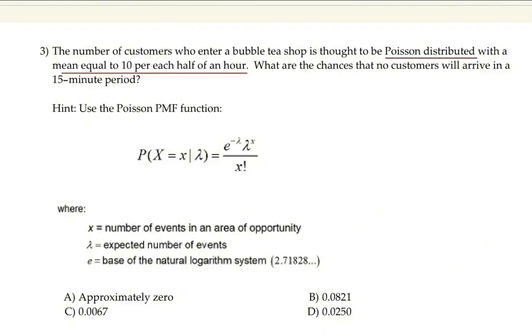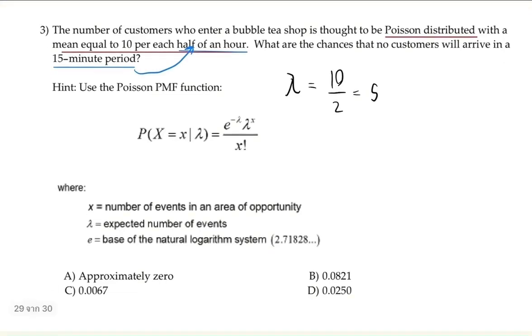The 15-minute period is half of half an hour, so lambda, the expected number of events, is 10 divided by 2, which is 5.